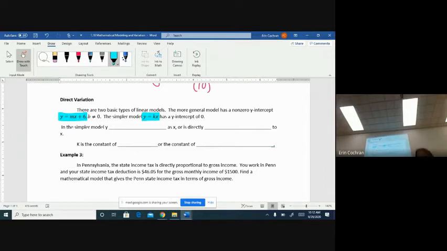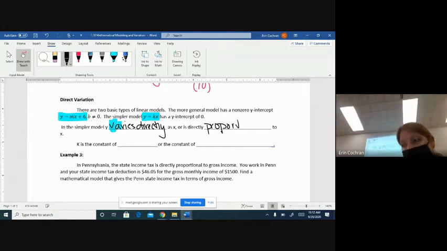With this, okay, in the simpler model, y will vary directly as x, okay? Varies directly, okay? Or is also directly proportional to x. So we can say y varies directly as x, or it's directly proportional to x.